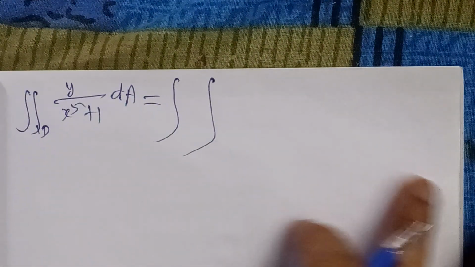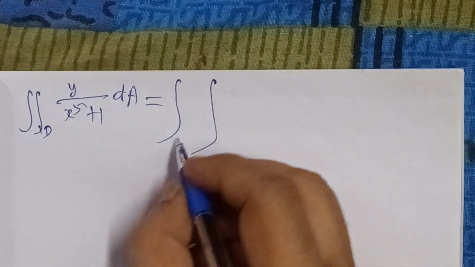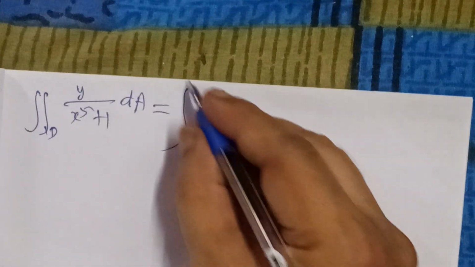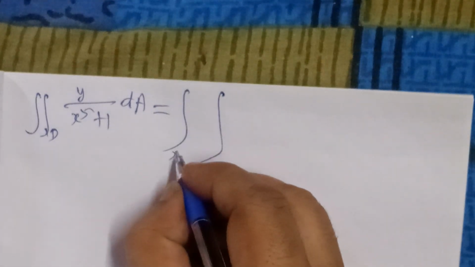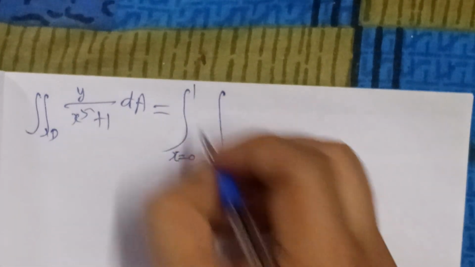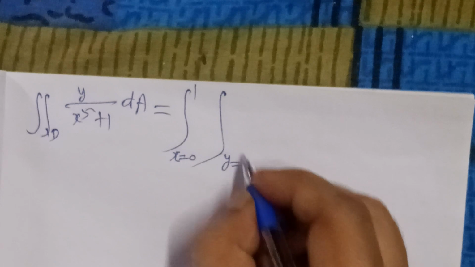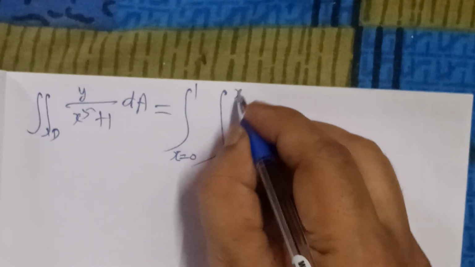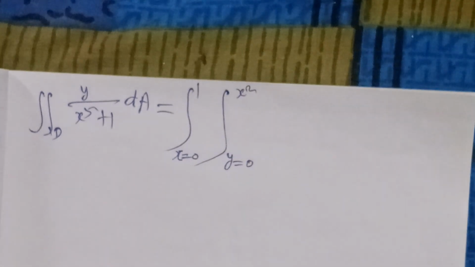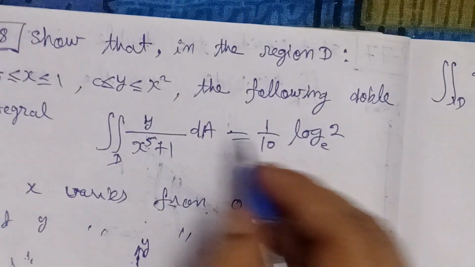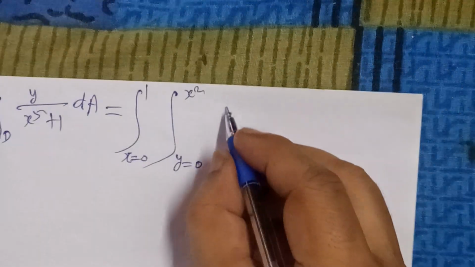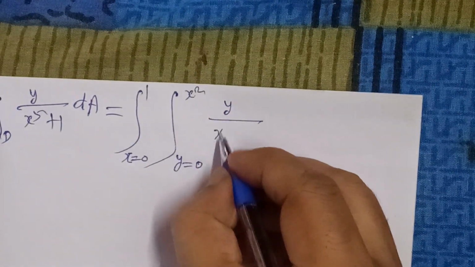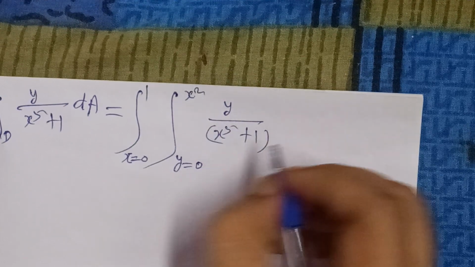So calculate it. Because x is constant, write first x equal to 0 to 1, then the variable limit which is x square and the constant limit, and write the function y upon x to the power 5 plus 1.